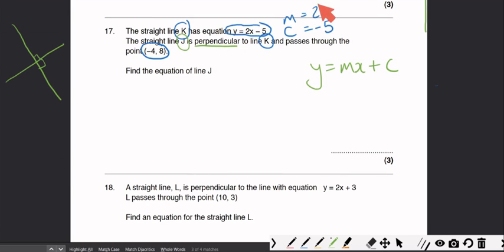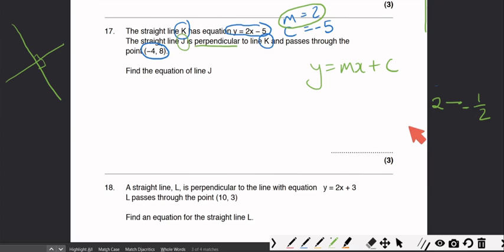We work with this. That's the equation of K. Sorry, that's the gradient of K. And to find the gradient of the perpendicular line to this, what you do, as I've done over here, is find the reciprocal of 2. That's going to be 1/2. And then you change the sign. Positive becomes negative.